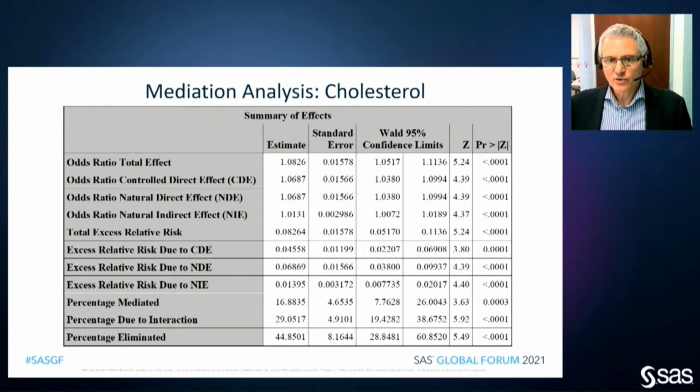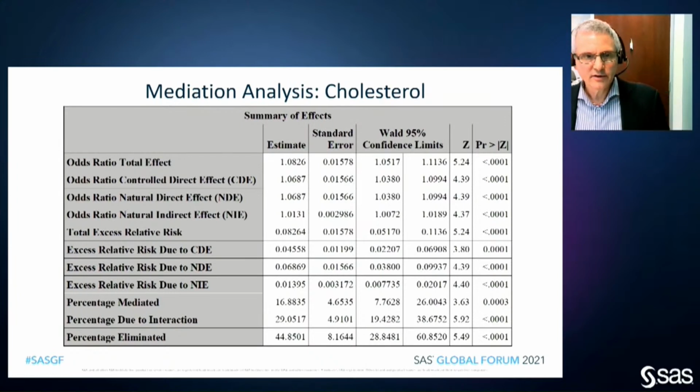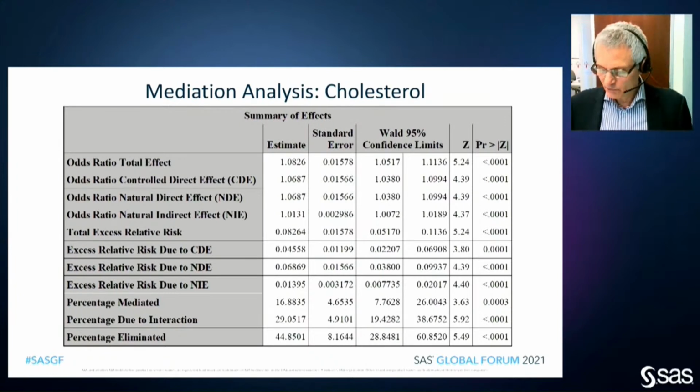The percent of the total effect due to mediation is 16.88% and is also provided in the output. These estimates were produced at the mean values of the covariates. There are other values presented here. We won't go through all of them, but they are explained in the examples in the SAS help documentation for PROC CAUSALMED.